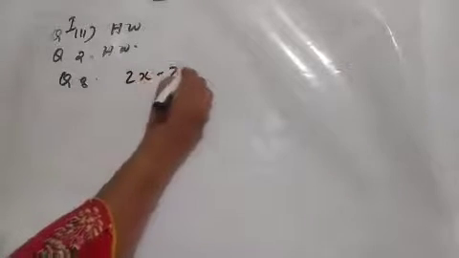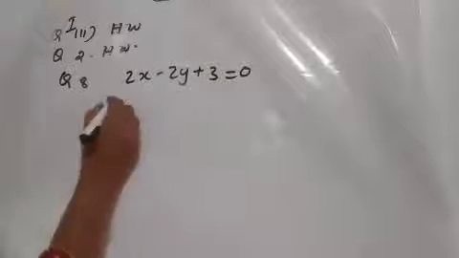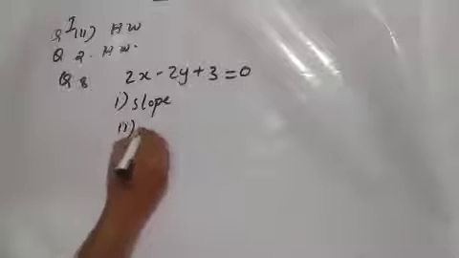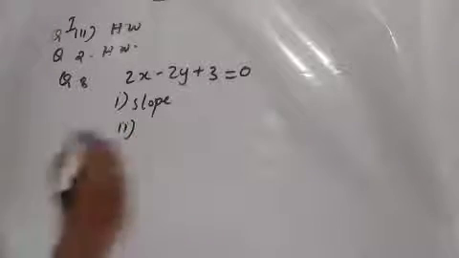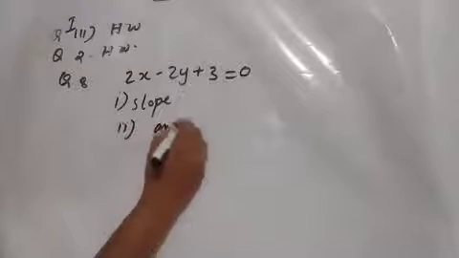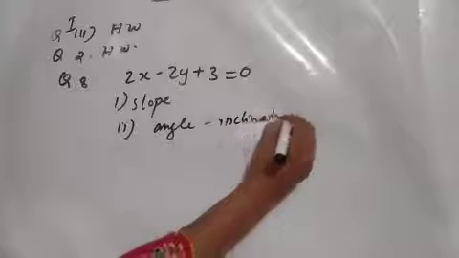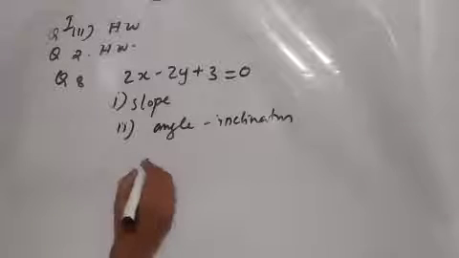Now the 8th one. Question 8 is, the equation of the line is 2x minus 2y plus 3 equal to 0. First question, find the slope. Second question, find the angle that line AB makes with the positive direction of x-axis. Angle means what? Inclination. First we have to rearrange this equation so that we get the form y equal to mx plus c.